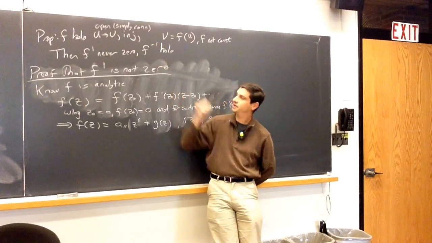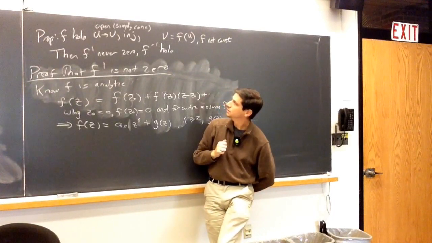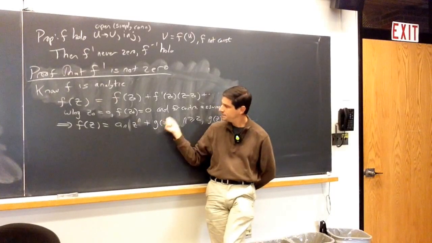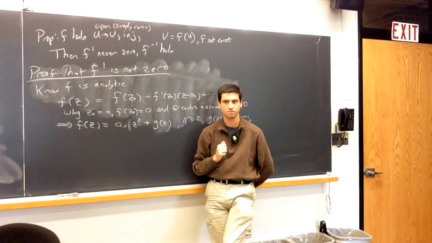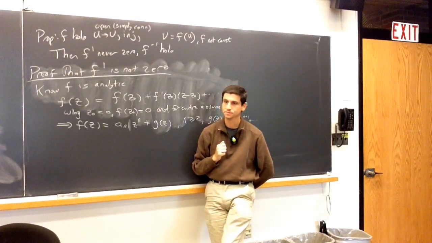Now we have the assumption that f is injective, so different things get sent to different places. Seems like that's something we want to use to get a contradiction. What would be the easiest g to understand? 0.